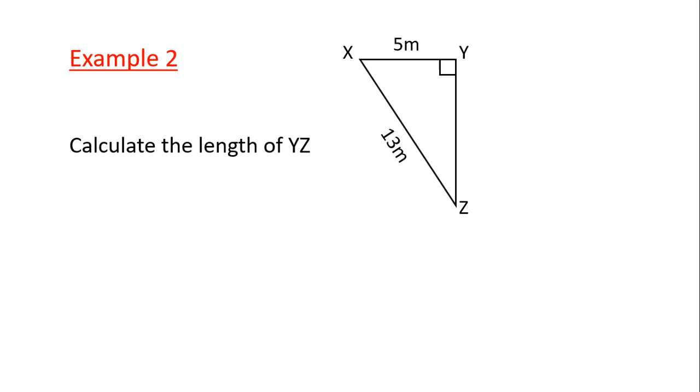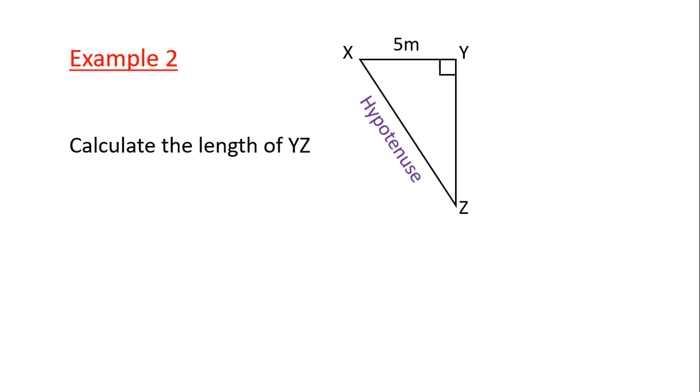Now your hypotenuse is always the longest side and the side opposite the right angle. Now angle Y is the right angle, so opposite angle Y is the line XZ. And so there is my hypotenuse, my longest side and the side that's opposite the right angle.